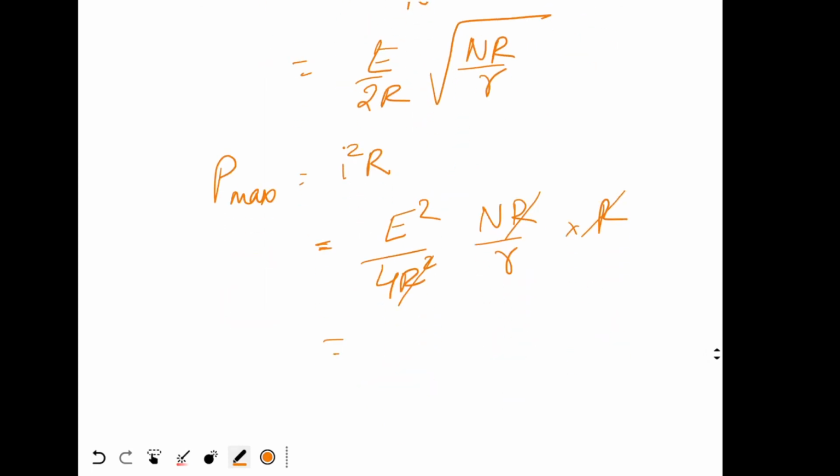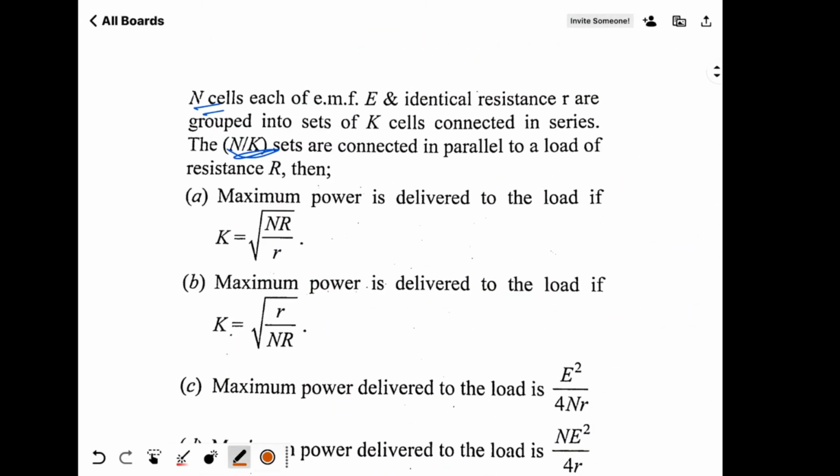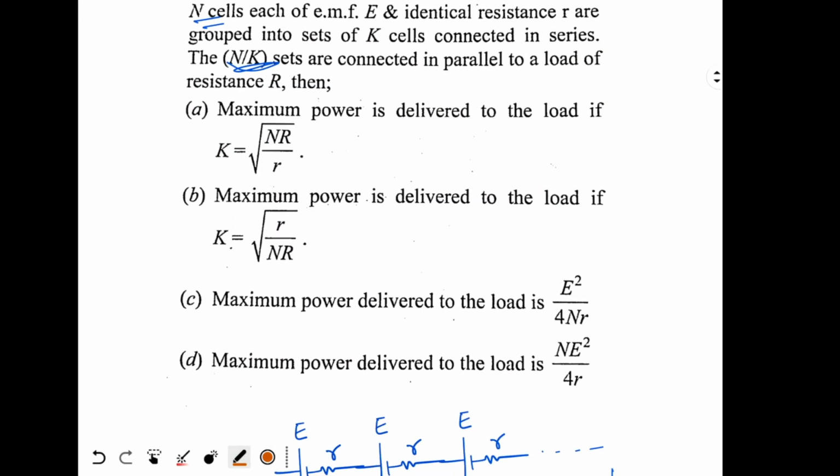So the maximum power will be N E square by 4R. So option D.